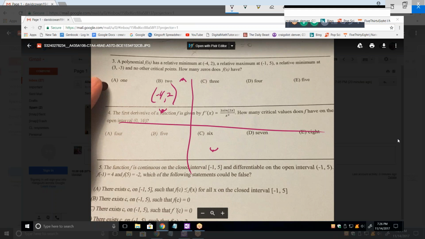How many zeros does it have? Well, if I complete this curve, I don't know that that necessarily has to go up.